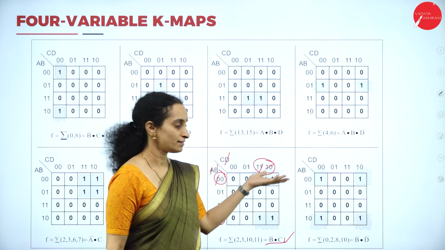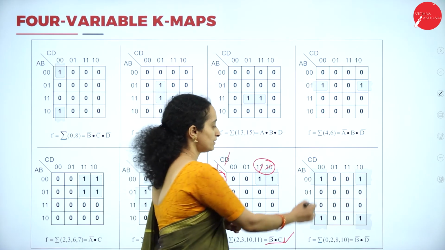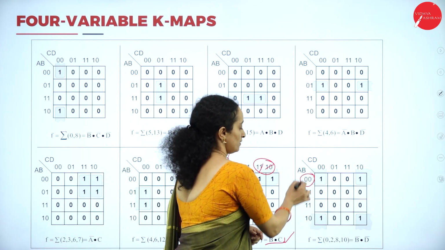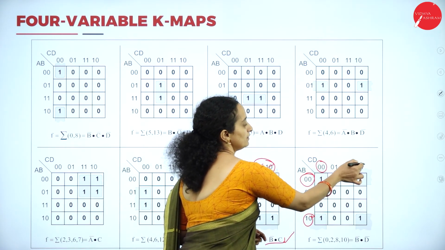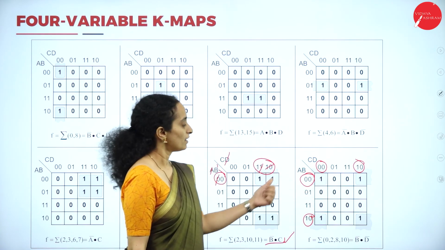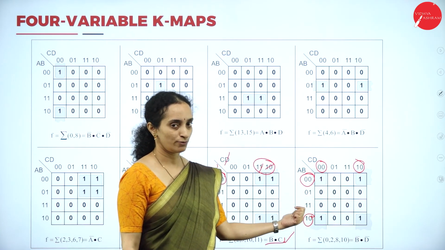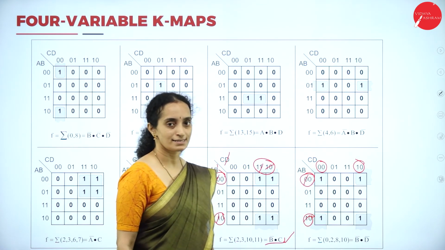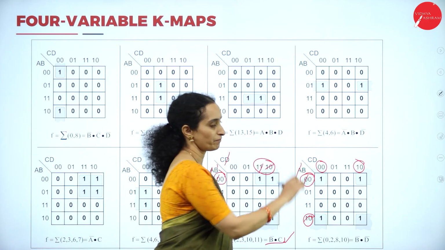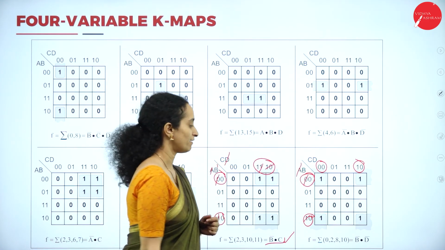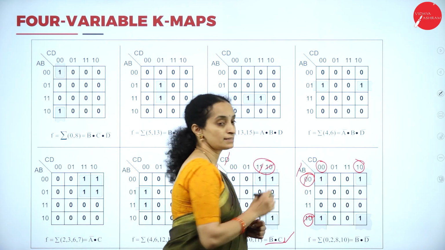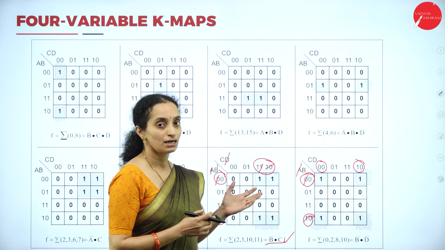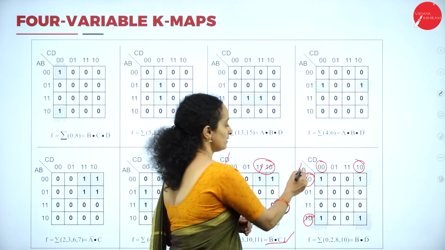We shall finish this with the last example with 4 ones in the corner cells. You have to consider these combinations. Let's check with 2 variables A and B. A is changing its state. We can skip the variable A. B is remaining the same, is in the same state, that is in the complement state.